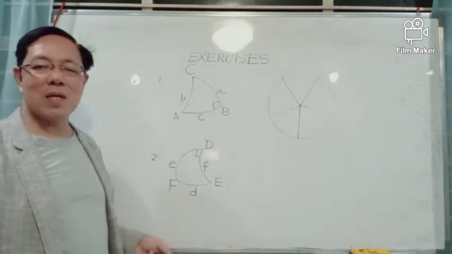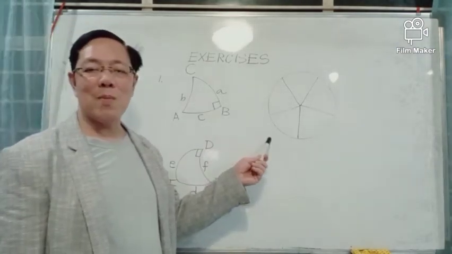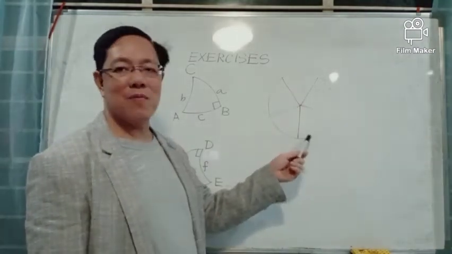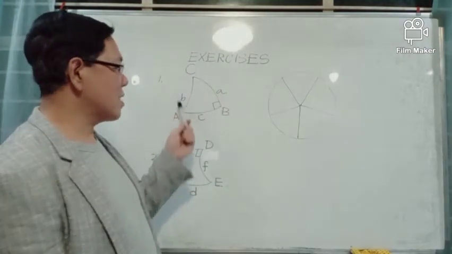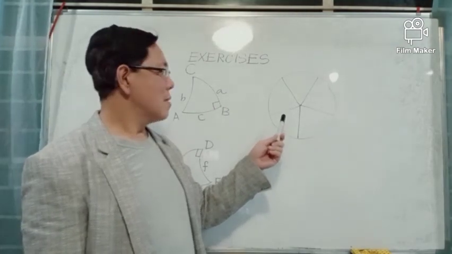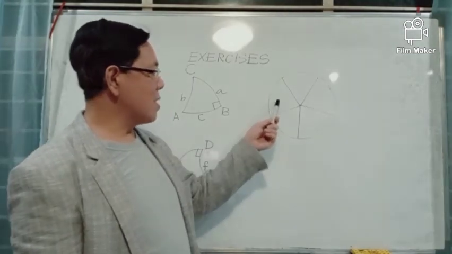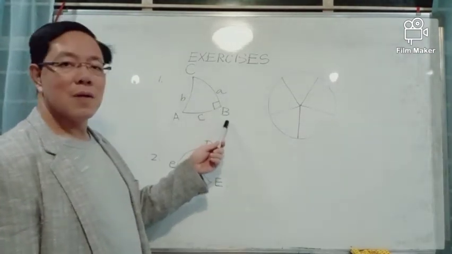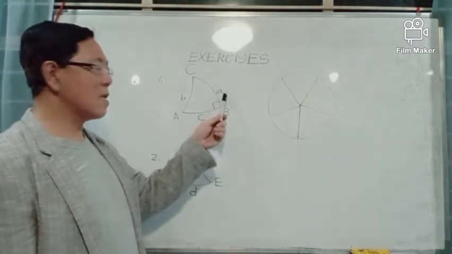For each of these right spherical triangles, you draw the mnemonic device, a circle divided into 5 equal parts. And you will write the 5 parts of this right spherical triangle in this mnemonic device. You remember that you write the parts adjacent to the right angle, or the parts that form the right angle, as is.